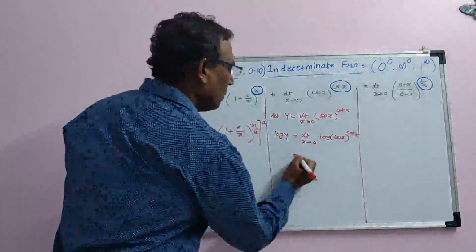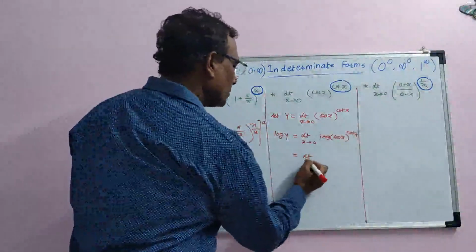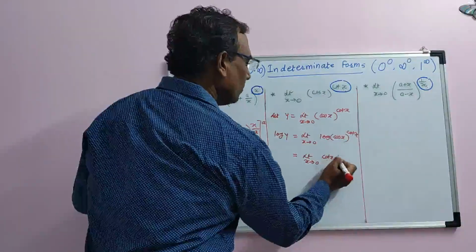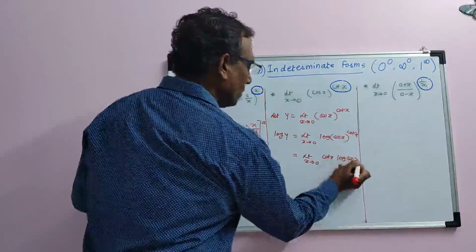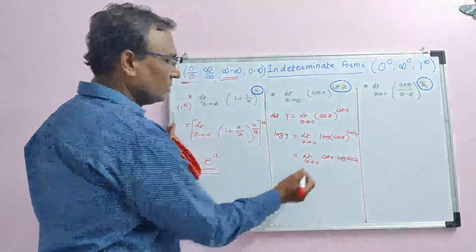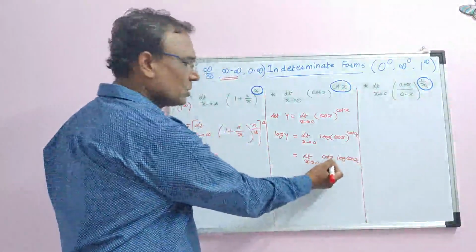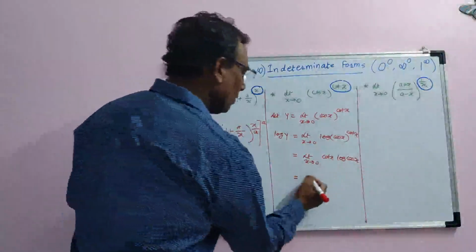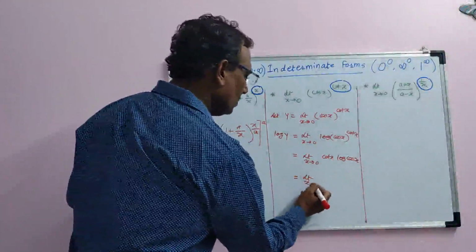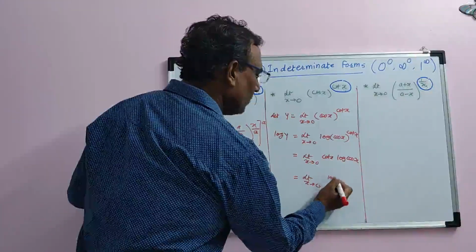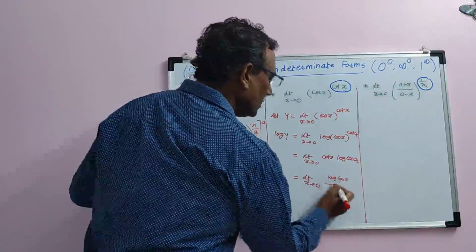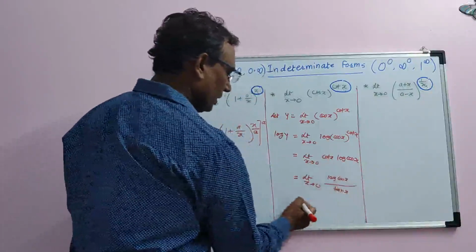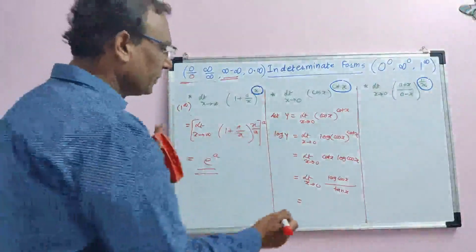By the law of logarithm, this cot will come here at the coefficient place of log of cos x. Now cot of 0 is what? It is infinity into 0 form. So what to do? This trigonometric function I am taking in the denominator, meaning cot I have written as 1 by tan.